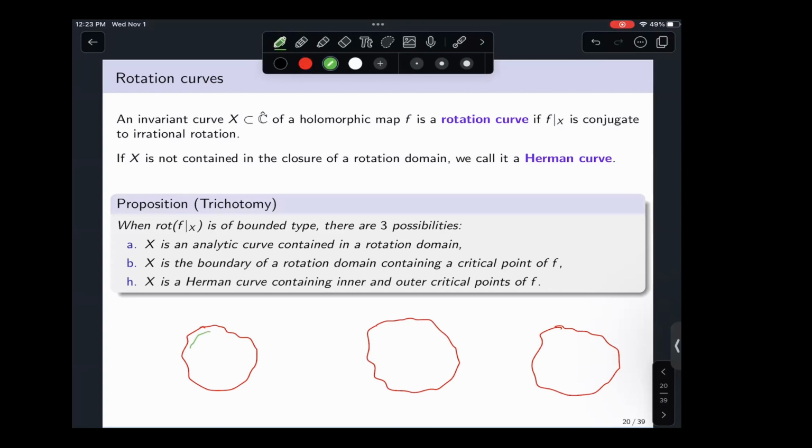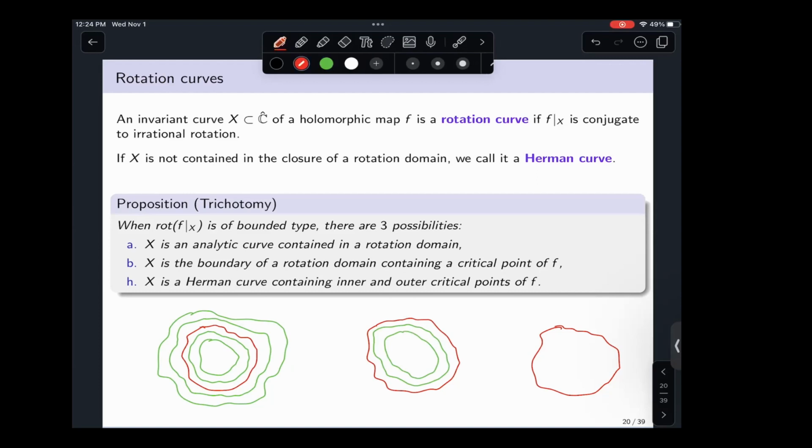So the first one here, basically, this sits inside the foliation of the rotation domain, either the Herman ring or Siegel disk. The second possibility is if it lies on the boundary of a rotation domain. And so it also comes with a foliation, but only on one side. And then on the other side, it will have a critical point. So if I take a preimage, then you get something like this.